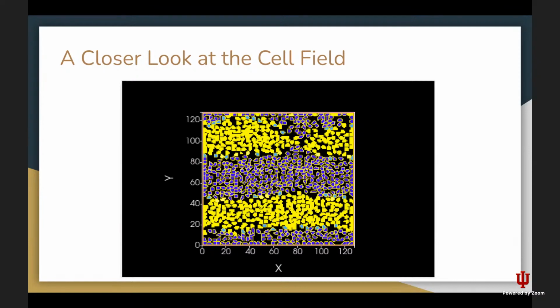Those stripes were just us manually putting in the chemical fields based on the equations, so they were more precise but less biologically accurate. Now that they are based off of the cell interactions, they're a lot more biologically realistic, and that's why we see larger stripes.